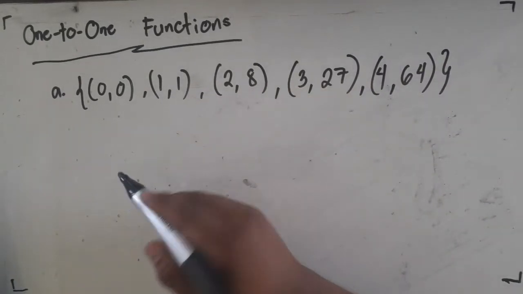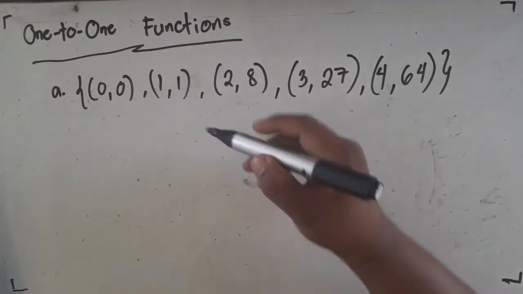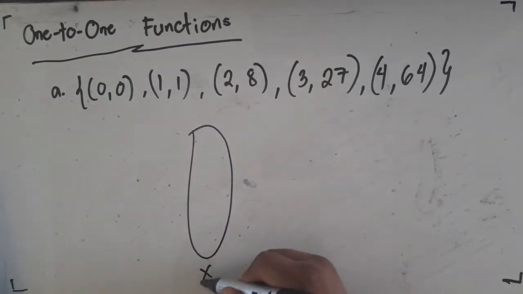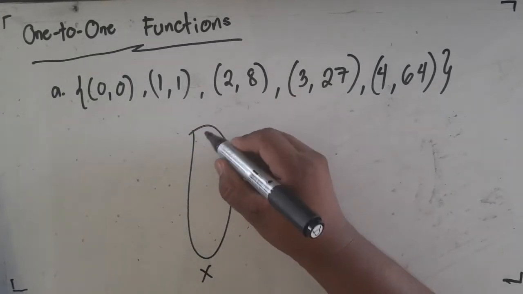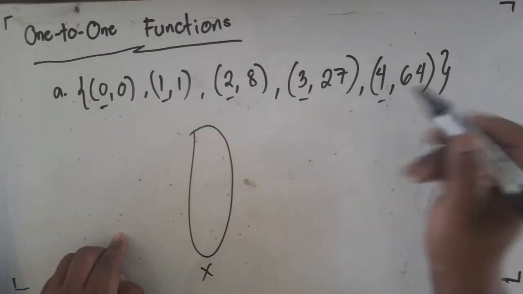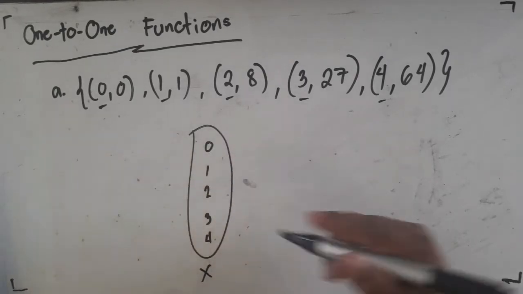For letter A, plot all the x values. You can use a diagram. Let's say these are your x: you have the 0, 1, 2, 3 and 4. These are your domains.